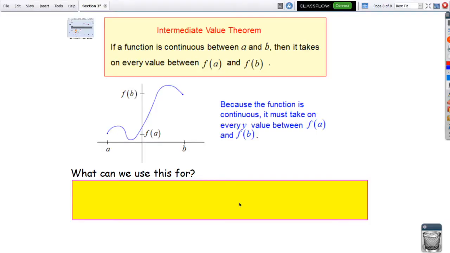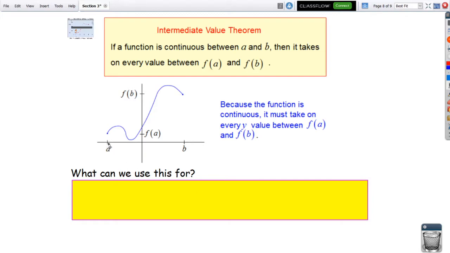All right. Let's look at this. Intermediate value theorem. Whew, this one's fun. If a function is continuous between a and b, then it takes on every value between f of a and f of b. And this is one of those theorems that I classify in a giant category of, well, duh.